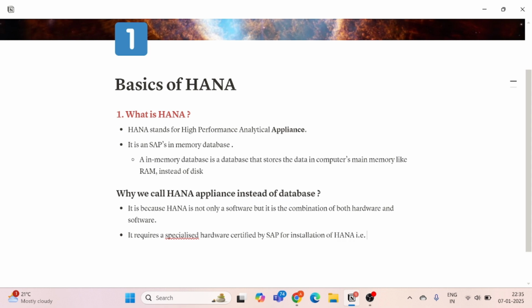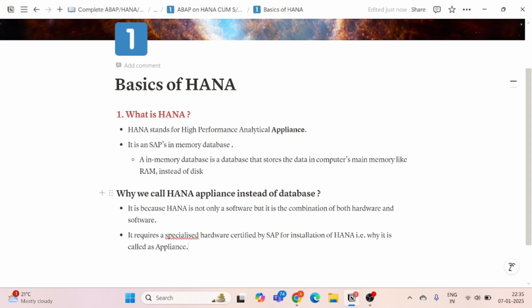That is why it is called an appliance instead of a database.